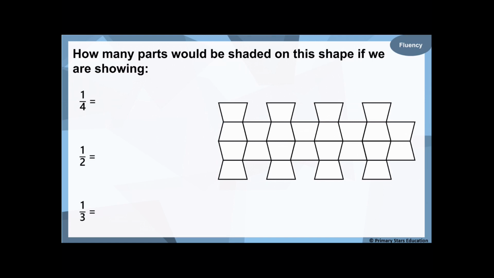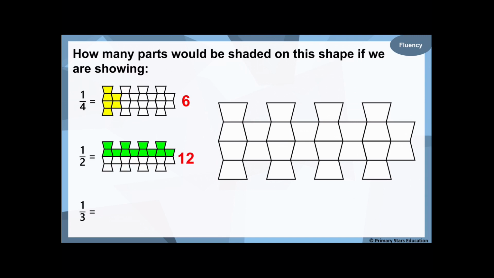Press pause and work them out. 1/4 of the picture has 6 pieces shaded. Half of the picture has 12 pieces shaded. And 1/3 of the picture has 8 pieces shaded. Were you correct?